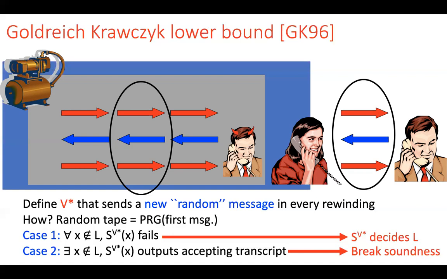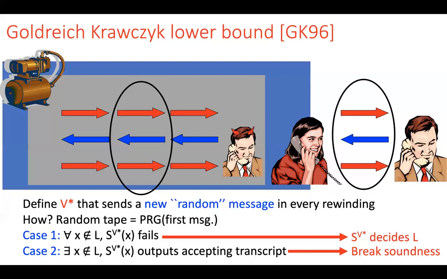So this attack essentially works by having the prover forward one of these sessions outside, and then hoping that this rewinding is the one that the simulator outputs as the accepting transcript. And this is essentially the Goldreich-Krawczyk lower bound.